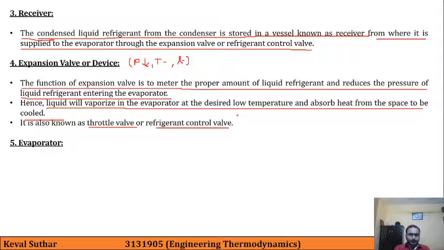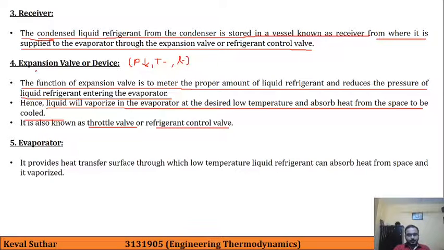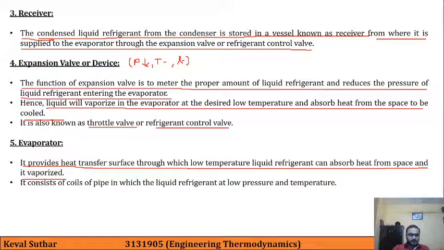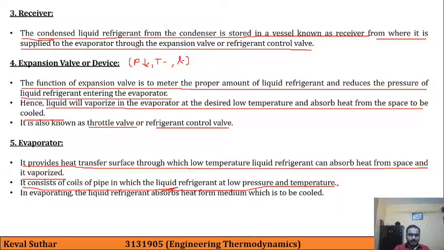Next is evaporator. Here we have already discussed evaporator separately, where we took example of cooling of water. So it provides a heat transfer surface from which the low temperature liquid refrigerant can absorb heat from the space and it is vaporized. It consists of coils of pipe in which liquid refrigerant is at low pressure and temperature. So here the liquid refrigerant absorbs the heat from the medium which is to be cooled.